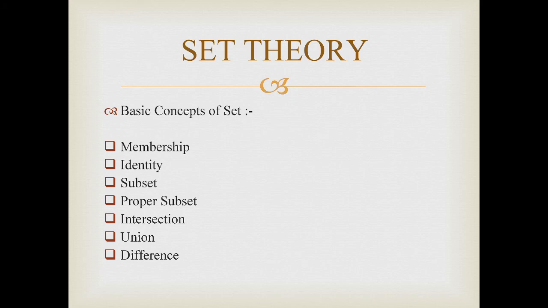Union: for all x, x belongs to K union L if and only if x belongs to K or x belongs to L. Difference: for all x, x belongs to K difference L if and only if x belongs to K and x does not belong to L. In that case, we say K difference L.